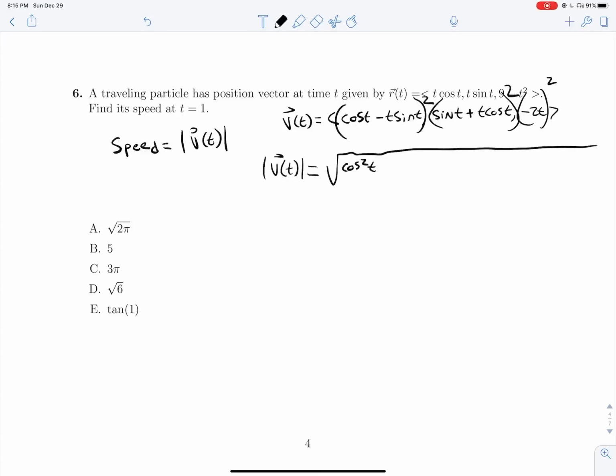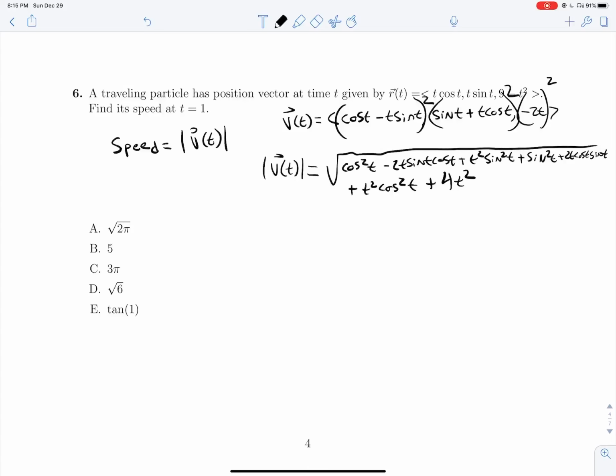If you want to follow along, cosine squared t minus 2t sine t cosine t plus t squared sine squared t, and then we're adding sine squared t plus 2t cosine t sine t plus t squared cosine squared t plus 4t squared.